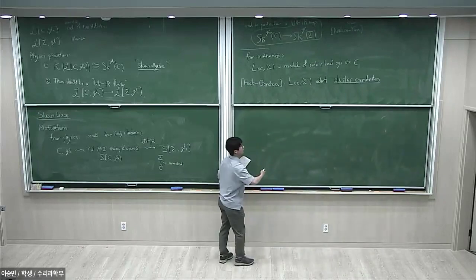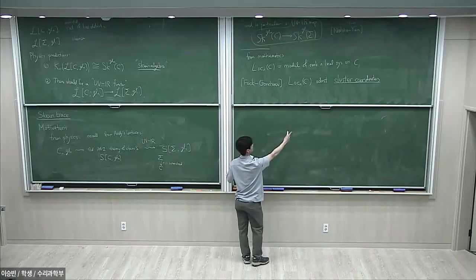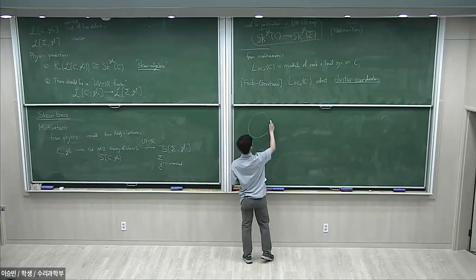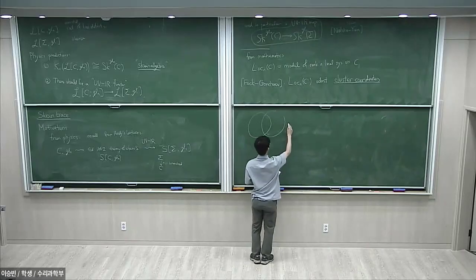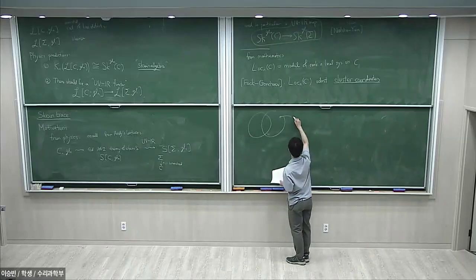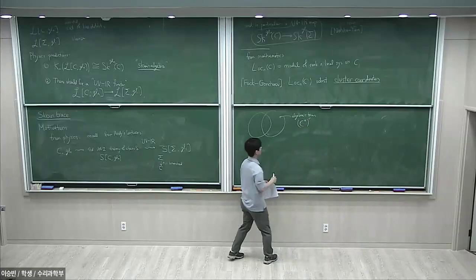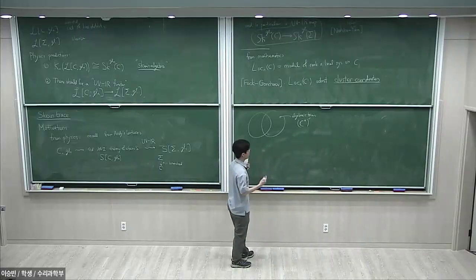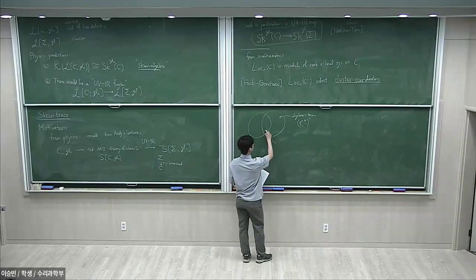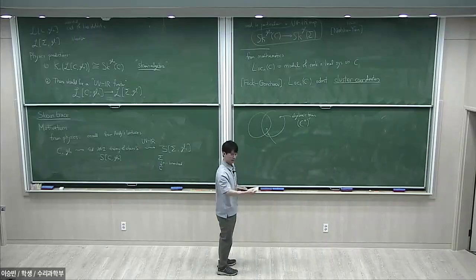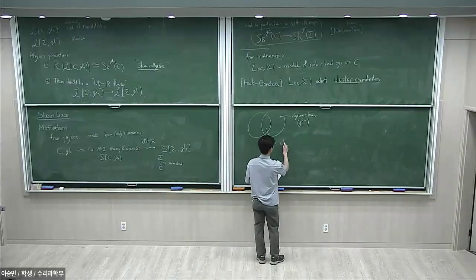Roughly speaking, saying that it admits a cluster of coordinates means it has some coordinate charts where each chart is some algebraic torus, say C star to some power, so that its ring of functions is some Laurent polynomial ring, and the coordinate transformations are given by so-called cluster transformations.